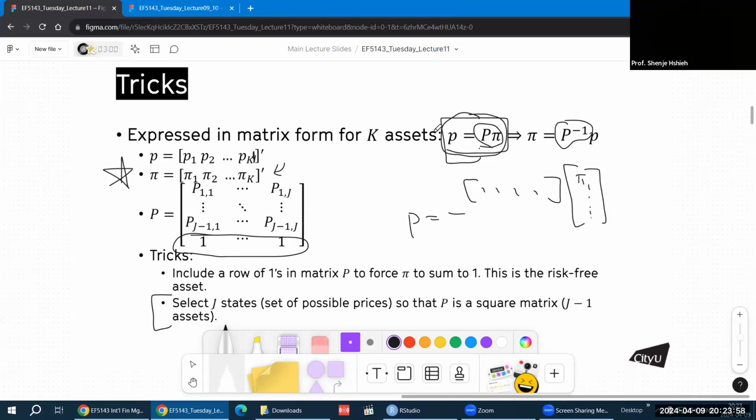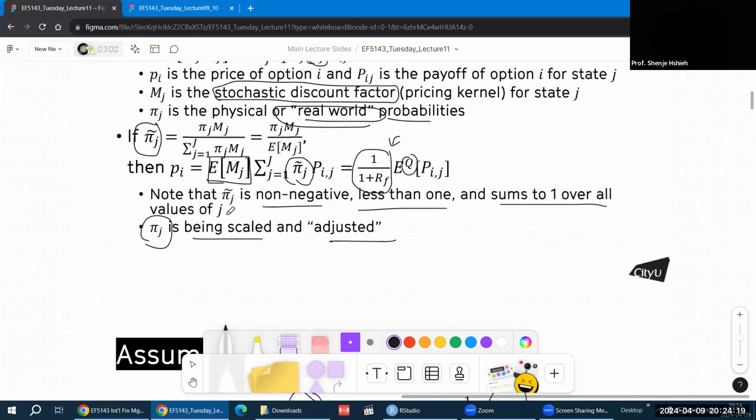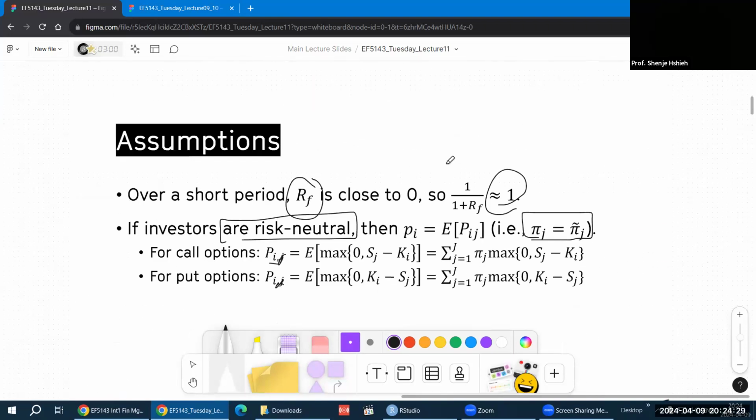Sum the row, multiply each element of the vector or matrix across the row. That's just a weighted sum. The weighted sum across different states must equal the price of the call option. That's just the definition we have here, where Q is the probabilities. It's the fake probabilities if you're not risk neutral. If you are risk neutral, then it's the same. Okay, real world and fake probabilities.